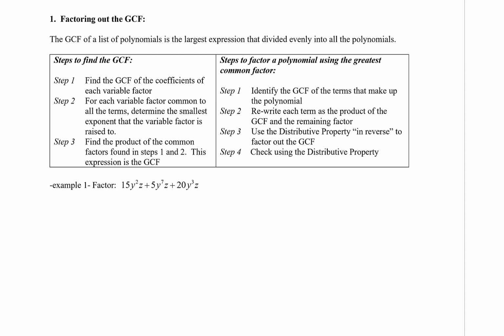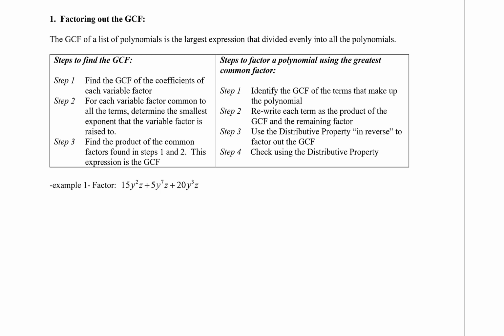Example 1. Factor 15y squared z plus 5y raised to the 7th z plus 20y cubed z. The first step is going to be to find the GCF of the coefficients of each variable factor. If I look here, I see that I have a 15, a 5, and a 20 for my coefficients.